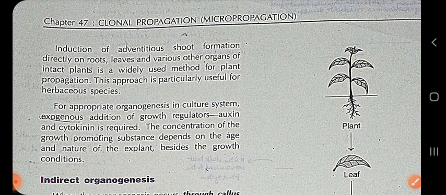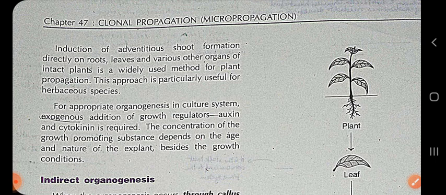For example, if I want to develop adventitious shoot formation from a root explant, suppose I have taken root as an explant and inoculated it into a particular media. That root undergoes some morphological changes, morphogenesis, to form adventitious shoots. That is your direct organogenesis.